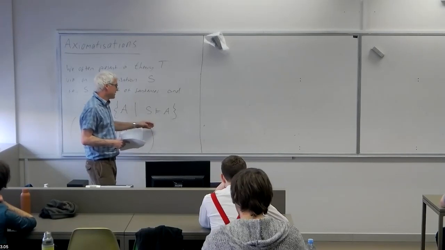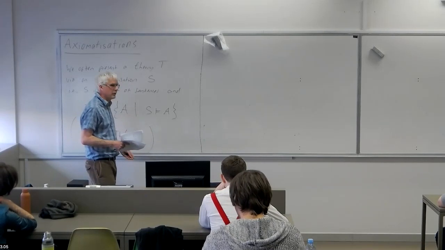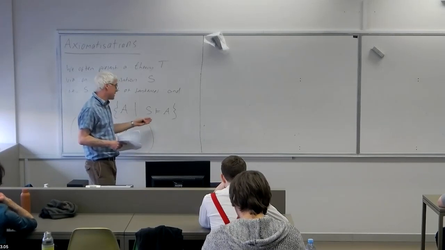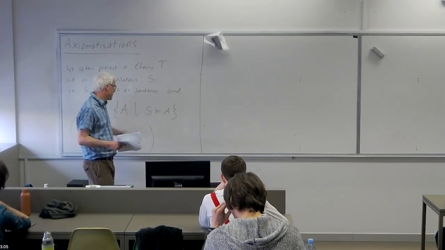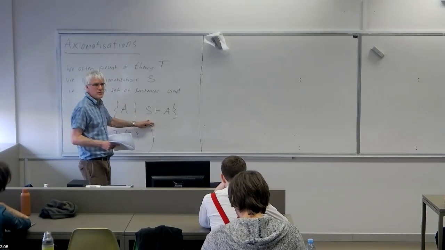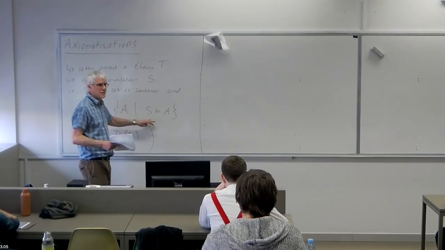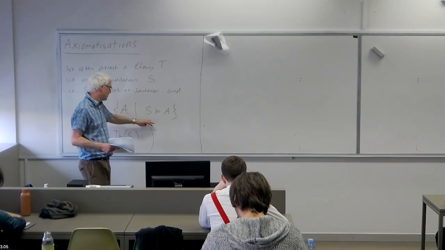When we start looking in 2 weeks' time at the work leading up to Gödel's theorem, we're going to be looking at axiomatizations of the natural numbers. And those axiomatizations, the interesting ones, are not finite axiomatizations. So we're often in a situation that we can't give a finite set of axioms for a theory.